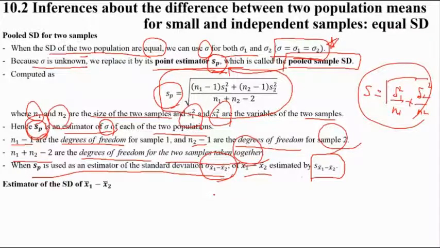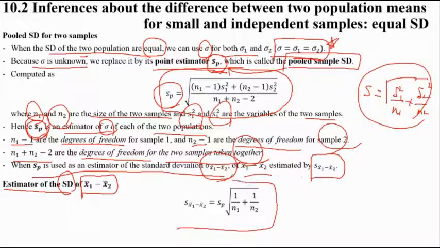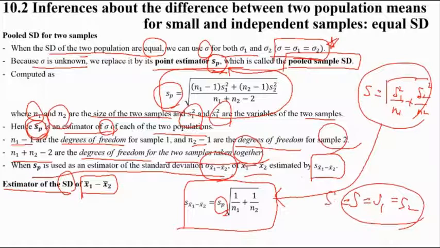Because sigma is the same, S1 and S2 are also the same, so S equals S1 equals S2, and for this we use SP.